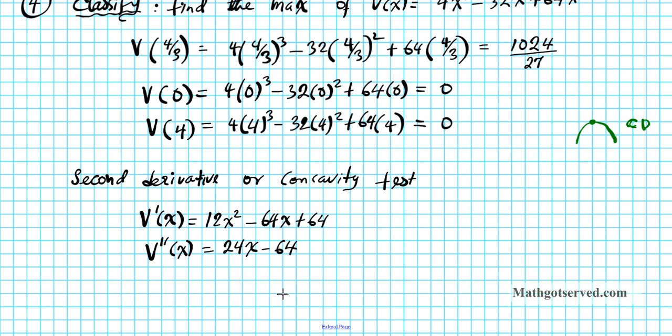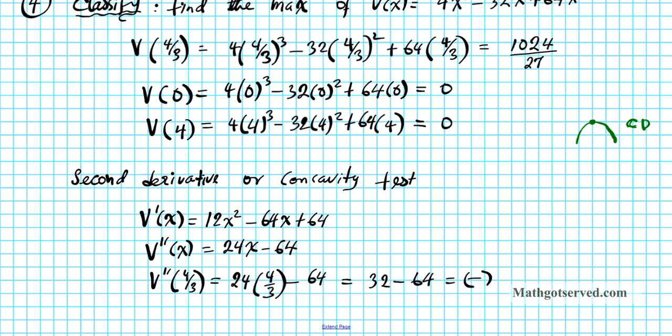Okay, so what is v double prime at 4/3? What is the concavity at that point? If it's negative, then the concavity will be downwards, which means it's a max. Okay, so let's evaluate it. So you have 24 times 4/3 minus 64. You do the calculations. 3 goes here, 1, 3 goes here. 8 times 4 is 32 minus 64. The second derivative is negative.